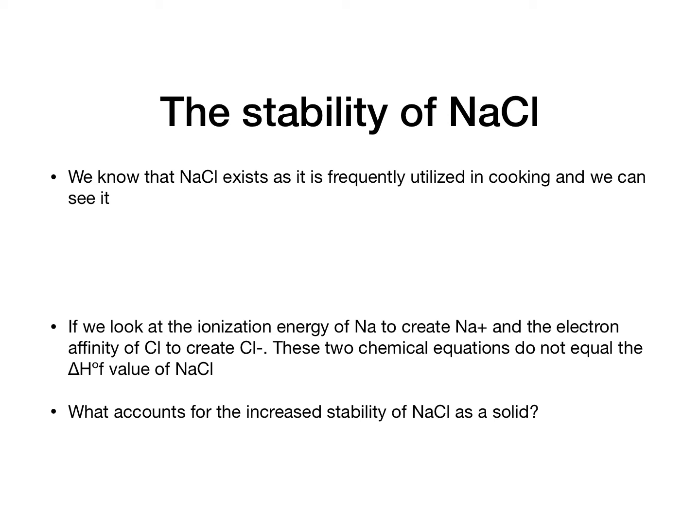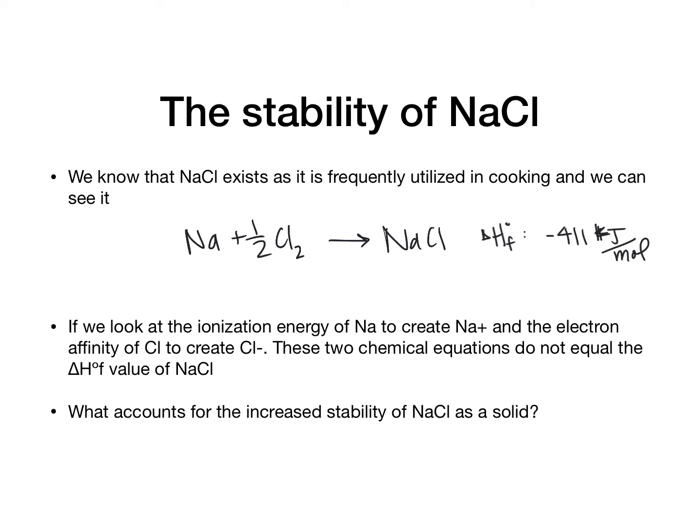If you mix sodium plus half a mole of Cl2 gas, you can get NaCl. Based on the tables we've looked at before, it has a delta H naught F, or heat of formation, of negative 411 kilojoules per mole.